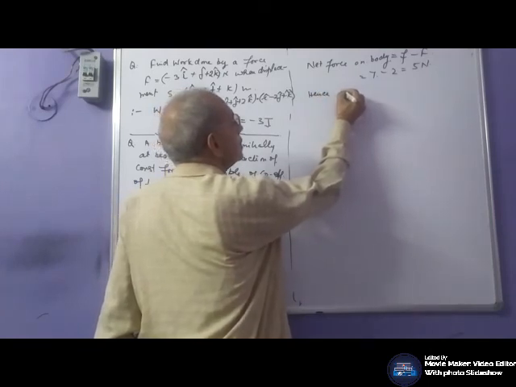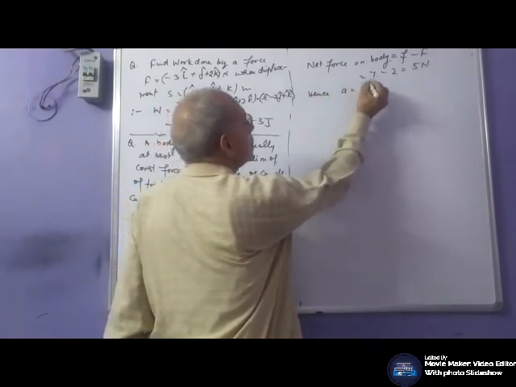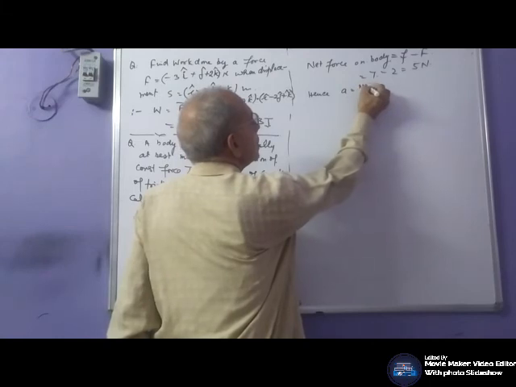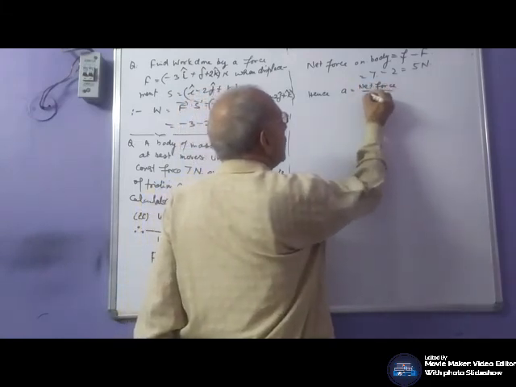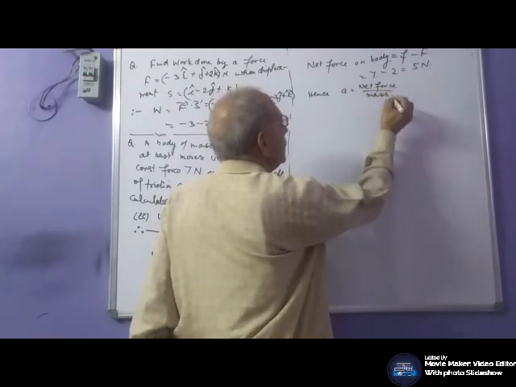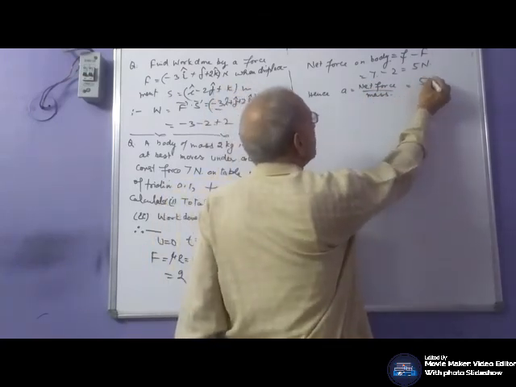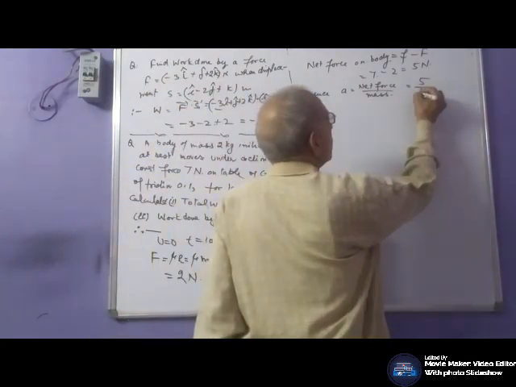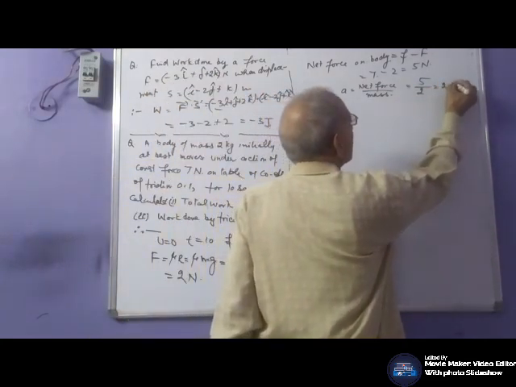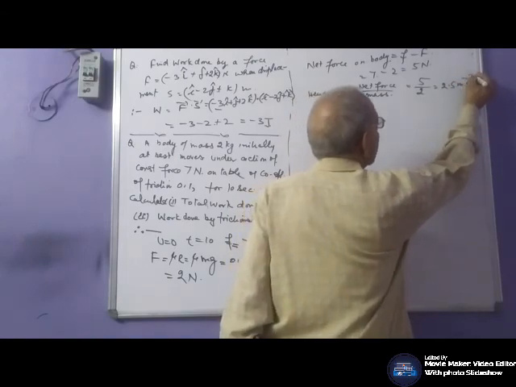Hence A, net force by mass, F equals ma, it is 5 by 2, it is 2.5 meter per second square.